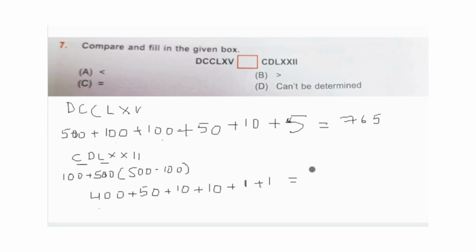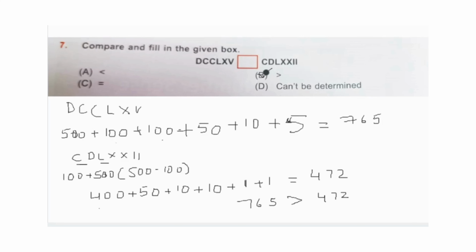So it's 472. Now if you look at these two numbers, 765 is greater than 472. Our answer is option B.